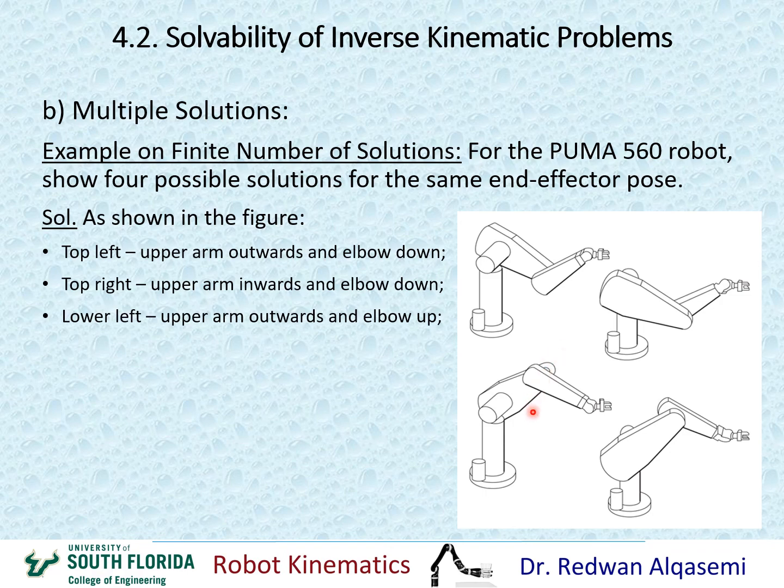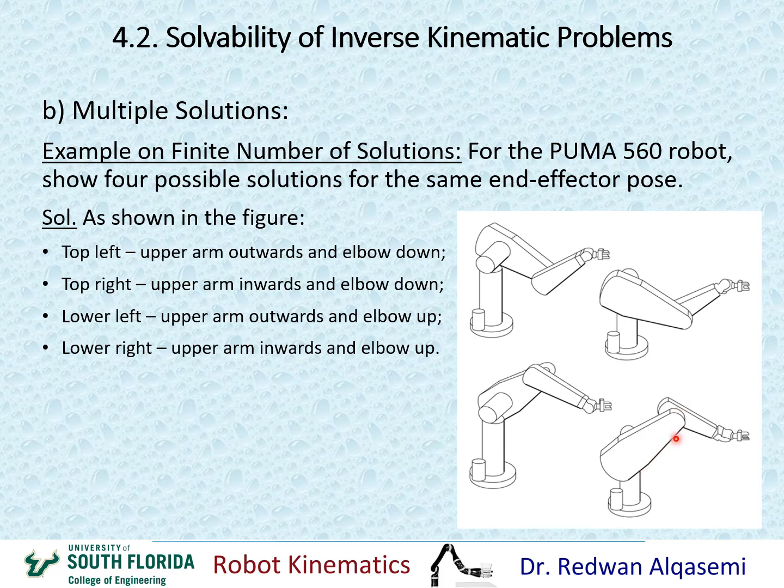Third solution, in the lower left here, the upper arm is outwards again, but the elbow is up this time. So the difference between this and this is elbow down and this is elbow up. That's a third solution. The fourth solution is when I have the upper arm inwards, towards me, and the elbow is up.